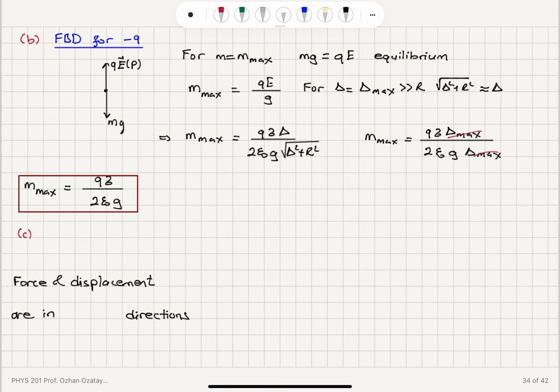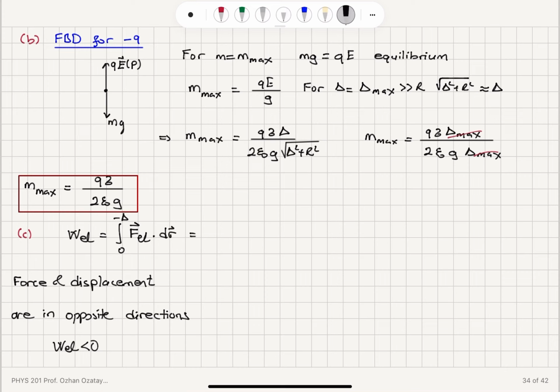Okay, so first of all, I know that the electrical force points up for the negatively charged particle. The displacement is downward. So force and displacement are in opposite directions, so work done by the electrical force has to be negative. Now, what is the work done by the electrical force? It's the integral from z equals 0 to z equals minus delta of the electrical force dotted with displacement.